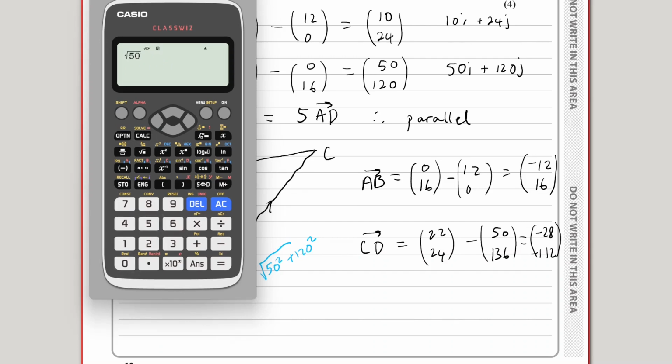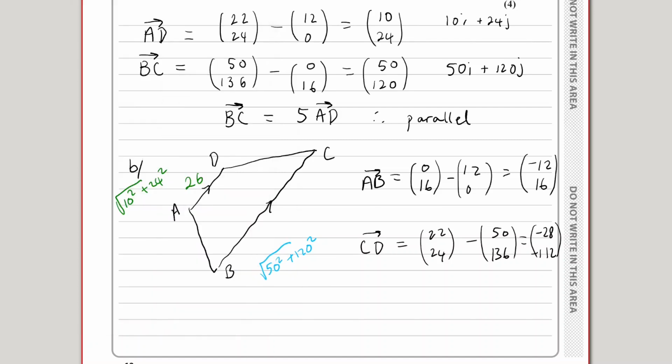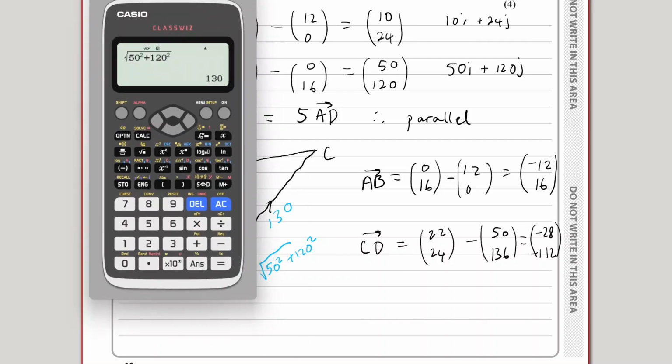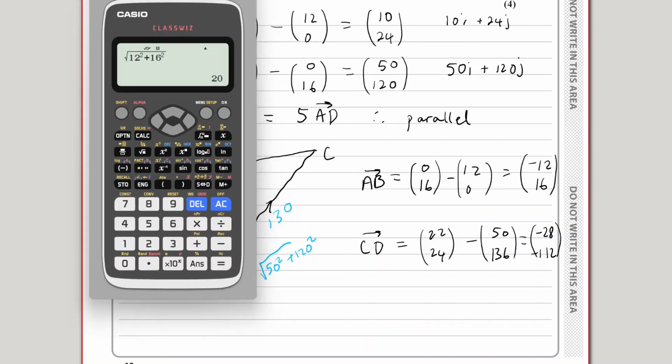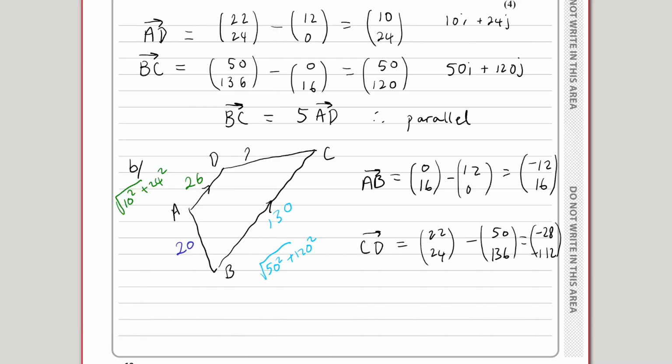But I'll do it again. 50 squared plus 120 squared, 130. A to B, we've got 12 and 16. 12 squared plus 16 squared, which is 20. And C to D, 28 and 112. 28 squared plus 112 squared, 28 root 17 meters.